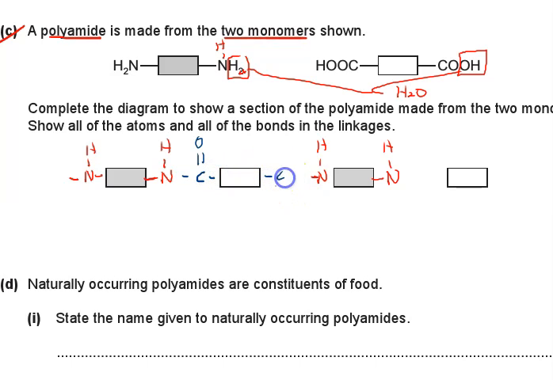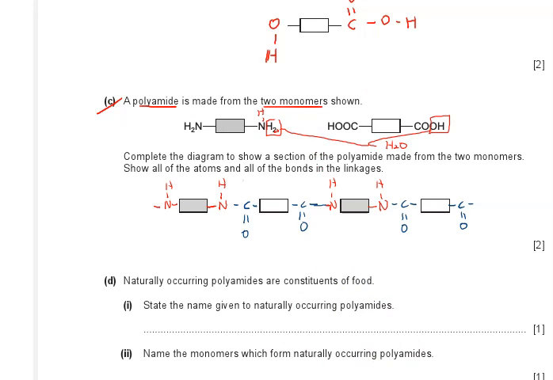You can draw it upside down. They'll have a bonding here, and C double bond O. So this is the complete structure. You can even erase this part, and it will look more proper. So these are the answers for this.